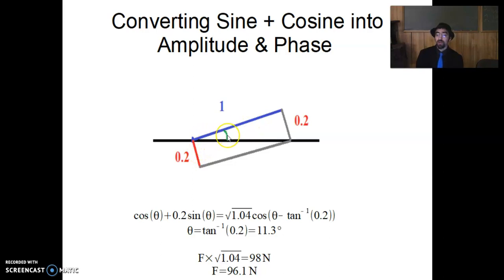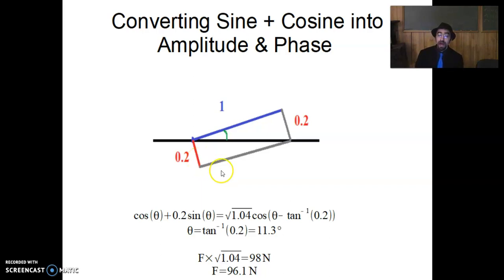If this green angle is our theta, then setting it up this way, the x-coordinate of the blue line segment's endpoint here is 1 times cosine theta, and if this is length 0.2 here, the x-coordinate of this little piece, assuming this is the origin over here, becomes 0.2 sine theta.